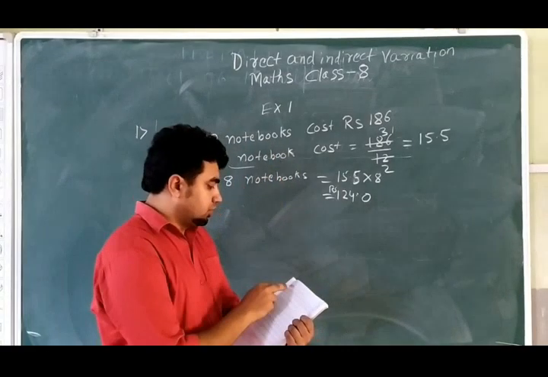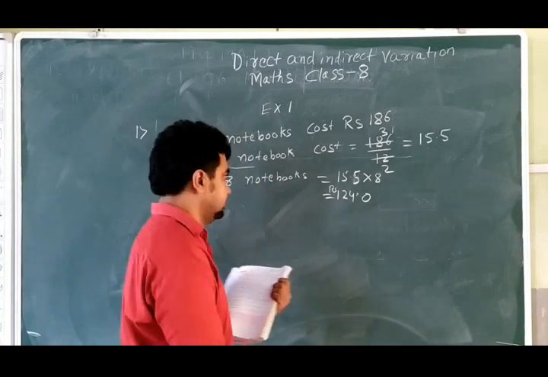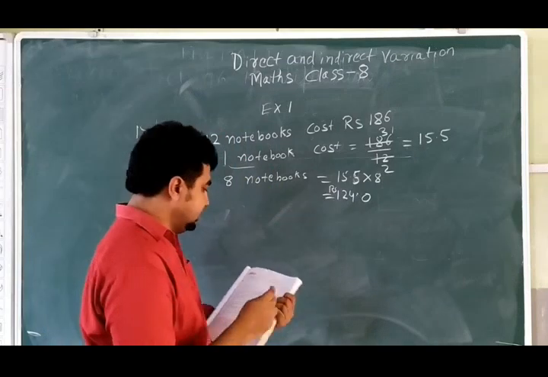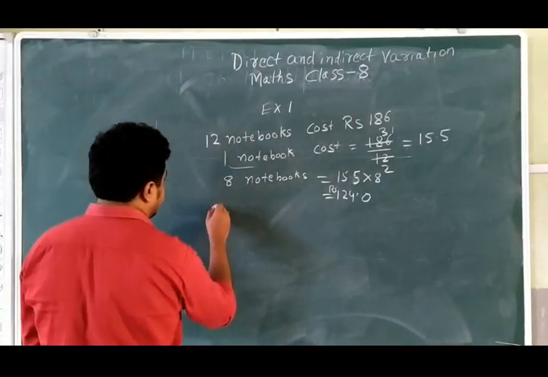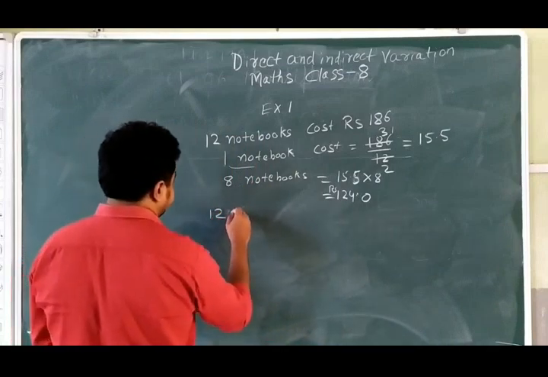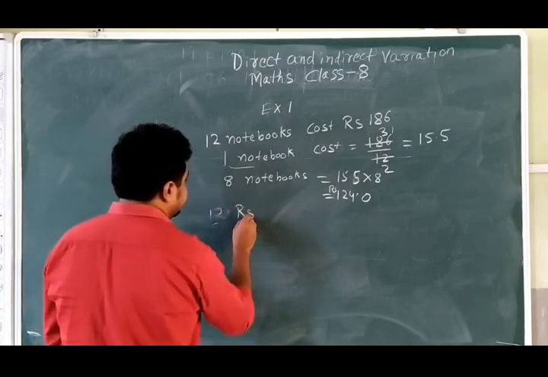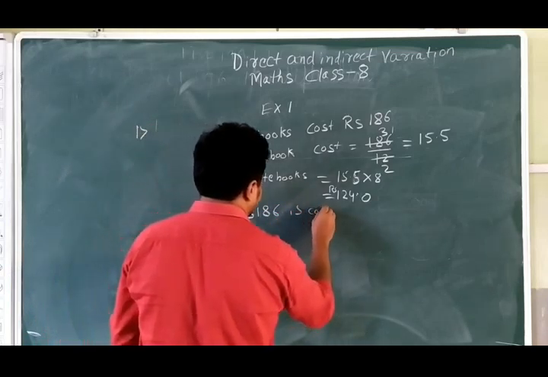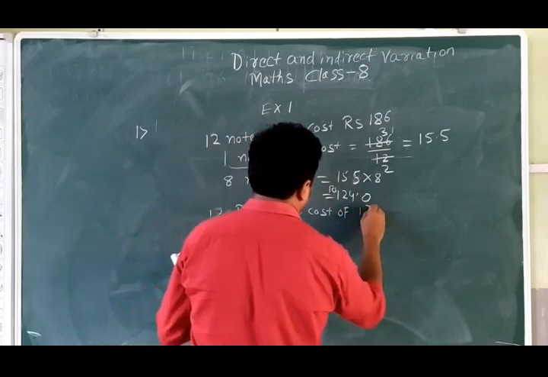How many notebooks will cost rupees 356.5? How many notebooks will we be able to buy in 356.5 rupees? So what is given to us? 12 notebooks. Again we will be starting from the starting point, or we can write in reverse order. Rupees 186 is the cost of 12 notebooks.